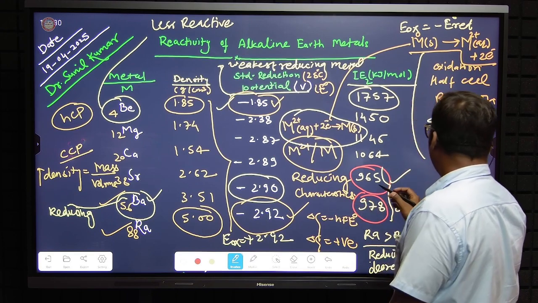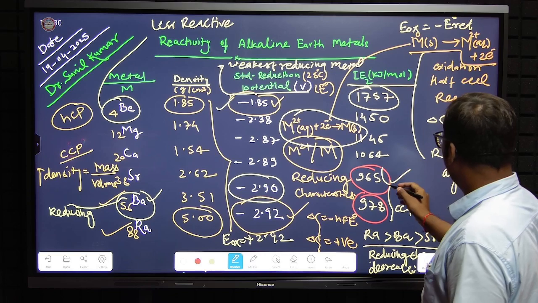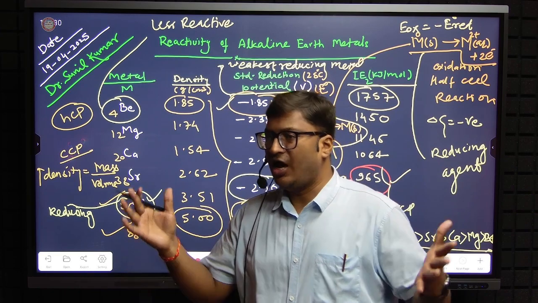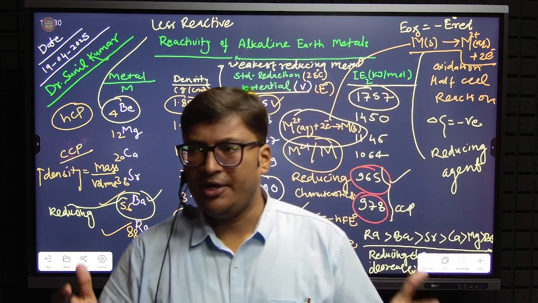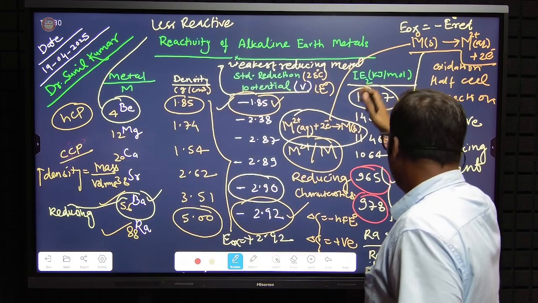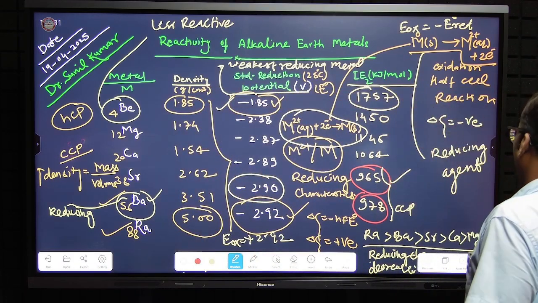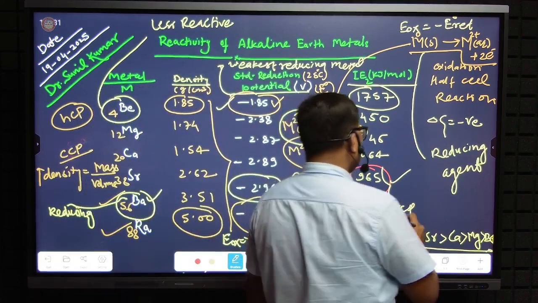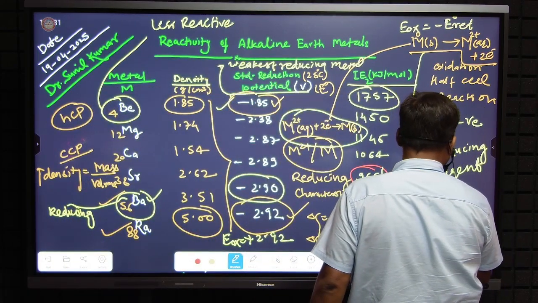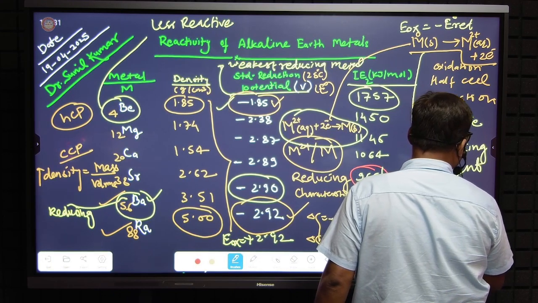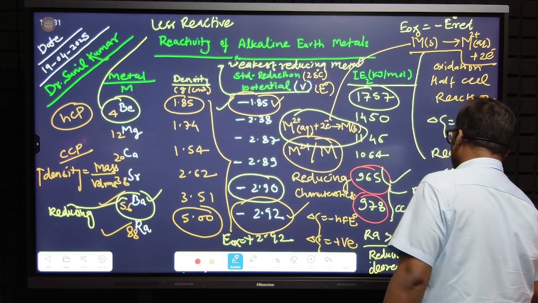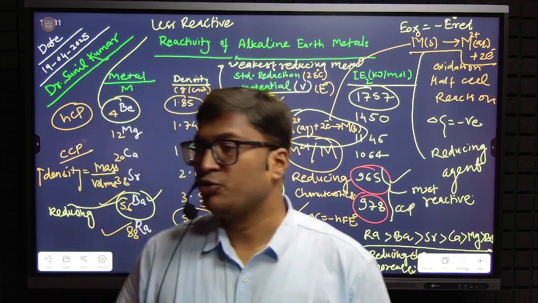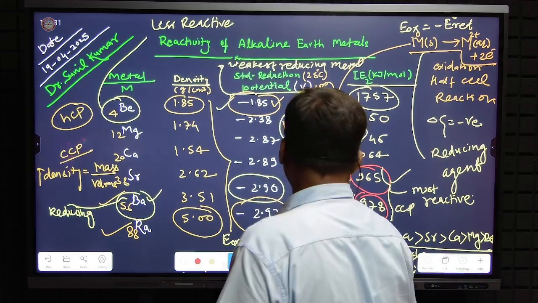In case of barium, what you are looking at here is 965. It means the second ionization energy for barium is the least in this particular series. So barium is the most reactive in this case, right? The reactivity is actually inversely proportional to the ionization energy.